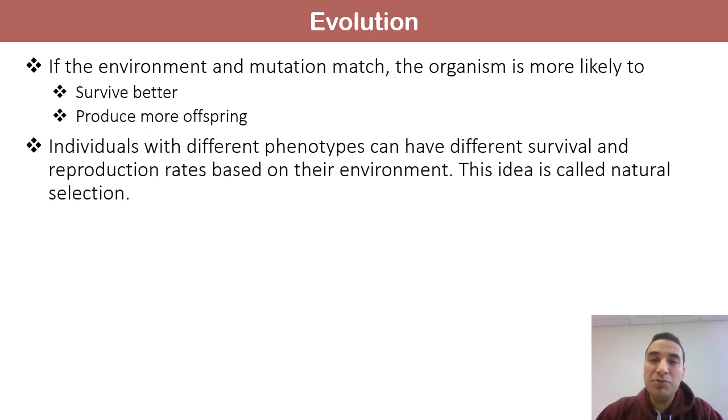I probably will not be very successful in an MMA ring, or is that a ring? Octagon maybe? I would not be very successful there. Why? Because my phenotype does not allow me to succeed there. I'm more successful here. Some of you might be more successful out there on the basketball court.